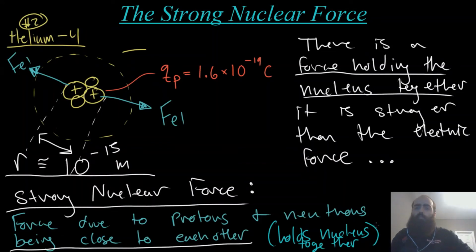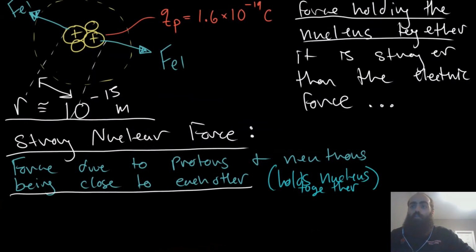To get an idea about how strong this force is, we can use what we know about the electric force to figure out the magnitude of the electric force based on these protons being at this distance. And that's something we can do just from our knowledge of Coulomb's law.